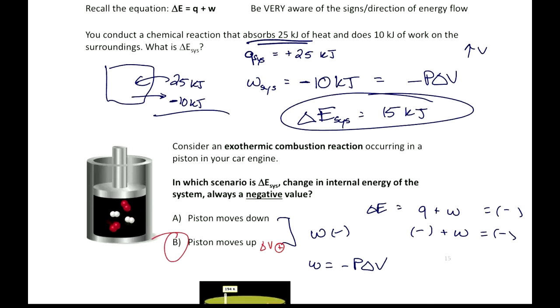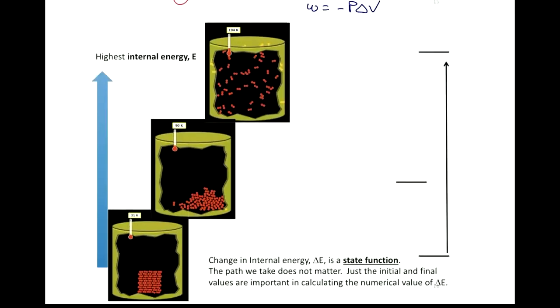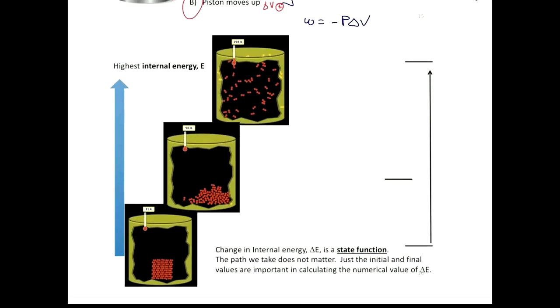All right, so the idea is we just looked at signs of delta E, changes in internal energy. This slide, I just want to mention the idea of changes of internal energy. The pathway we take to calculate changes of internal energy for a process doesn't matter.